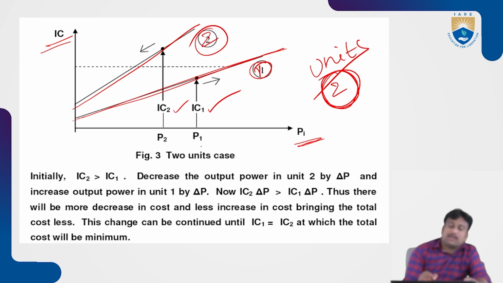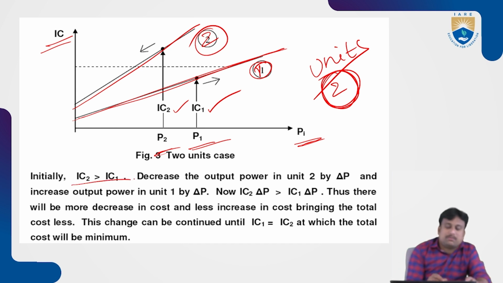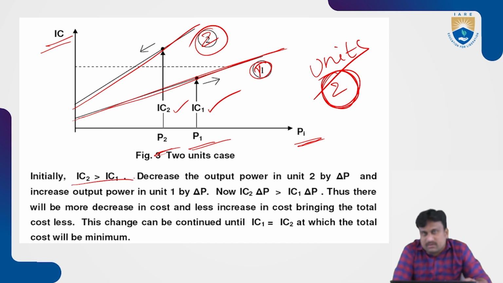With respect to the power generations P1 and P2, the incremental costs also increase for the respective unit. Initially, assume IC2 is greater than IC1. What does it mean? The incremental cost of the second unit is higher than the first unit.